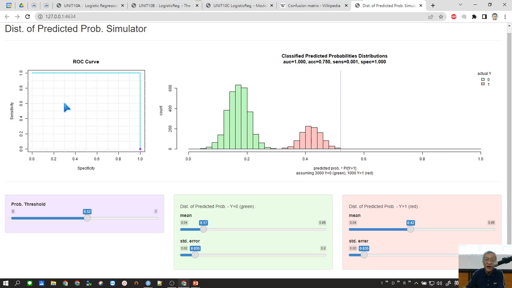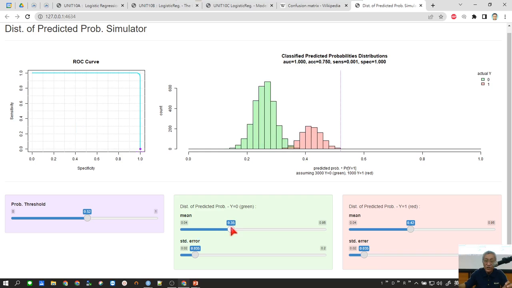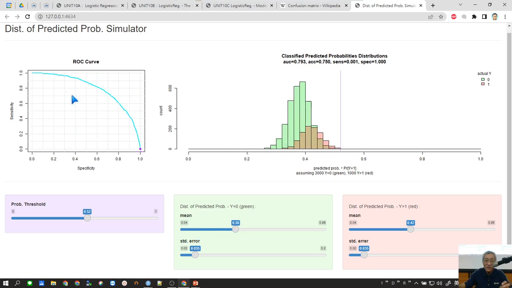Then the area under the curve is equal to 1, right? Which means that the model can separate the two classes entirely, you know? And the more that they overlap with each other, the more the area would shrink.